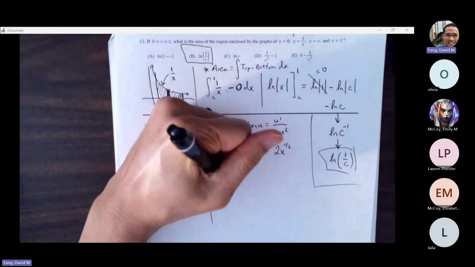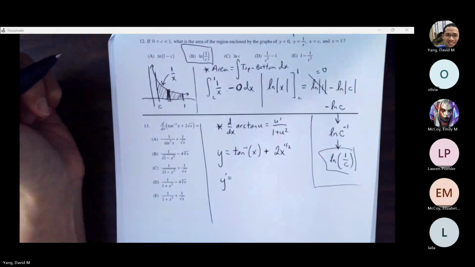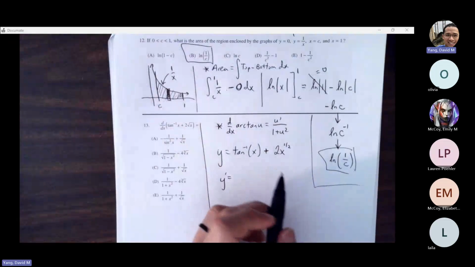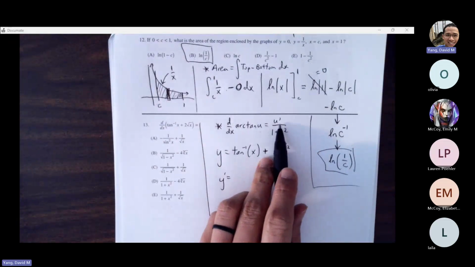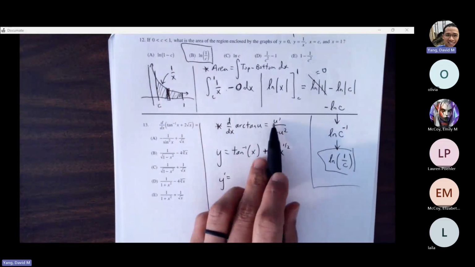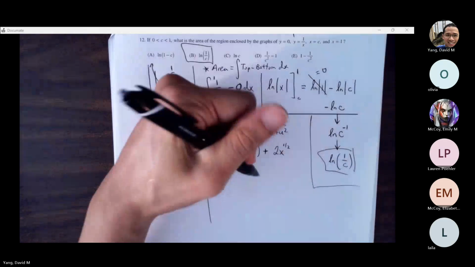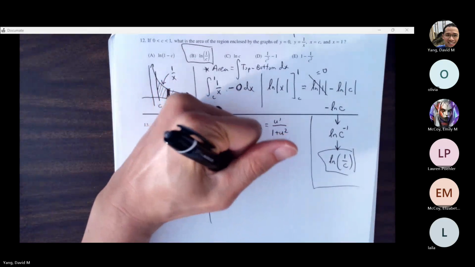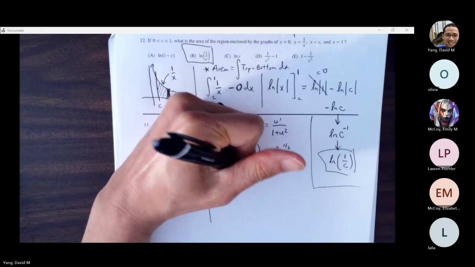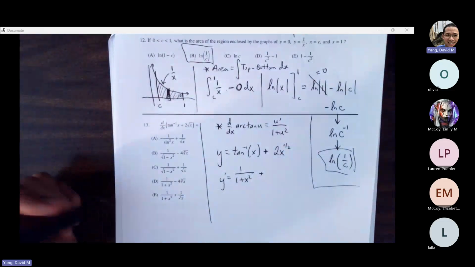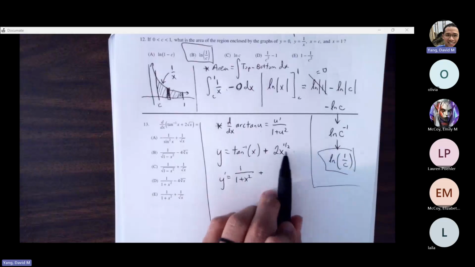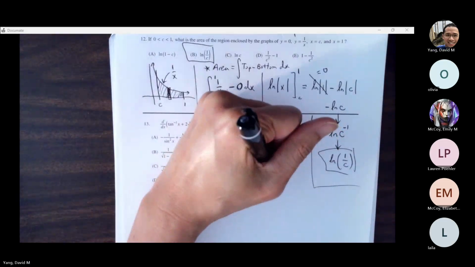Okay, so inverse tangent becomes u prime over 1 plus u squared. So my u is x, so 1 over 1 plus x squared. And then power rule for that 2x to the 1/2. Bring the 1/2 down, subtract 1 from the exponent.